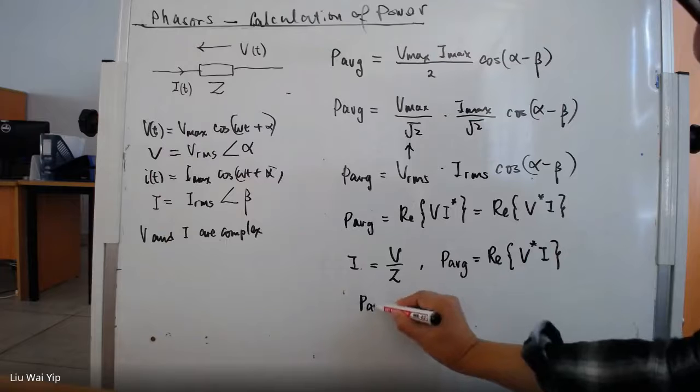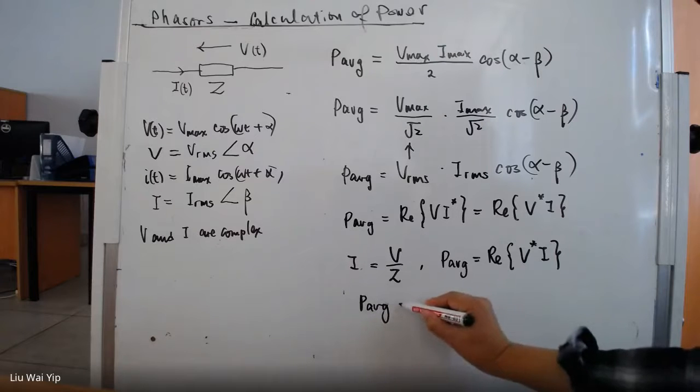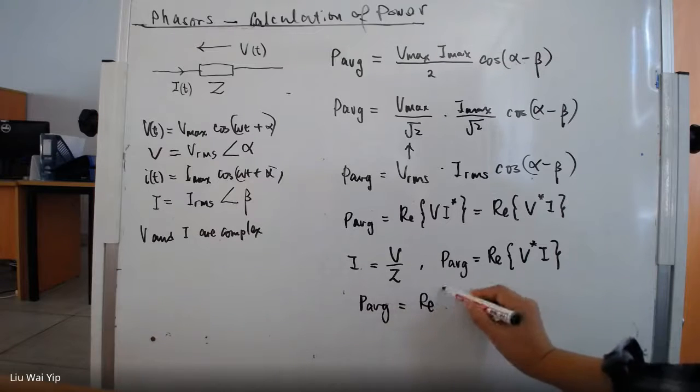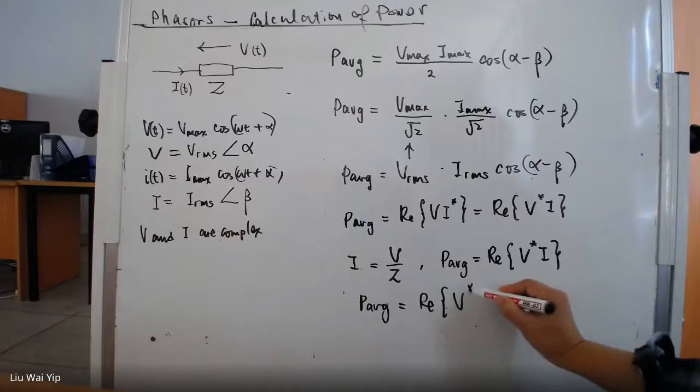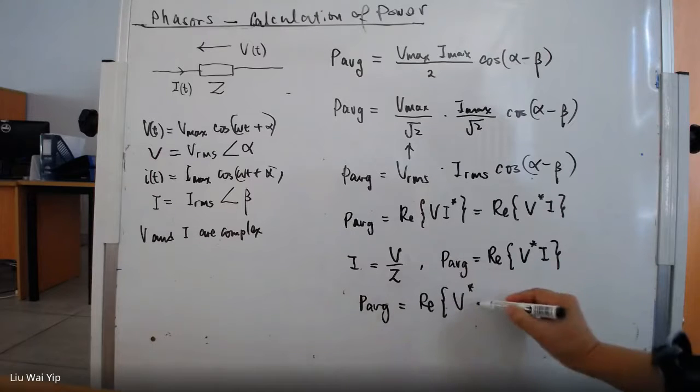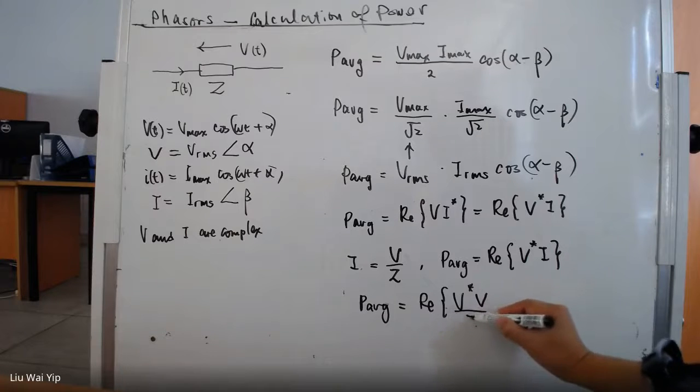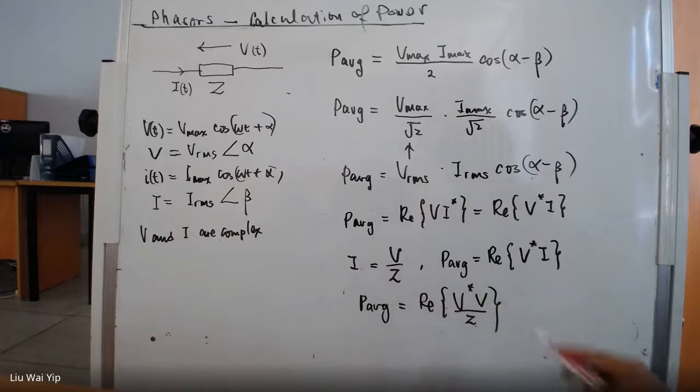P average is the real part of V times V star divided by Z. Hang on a minute.